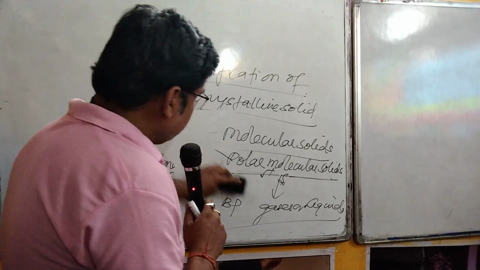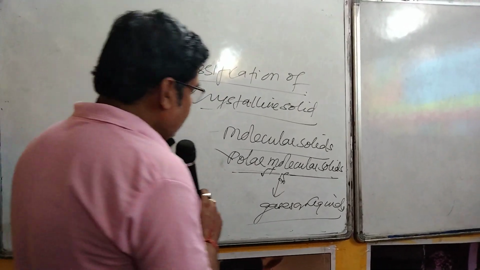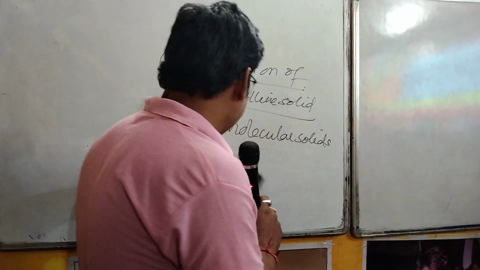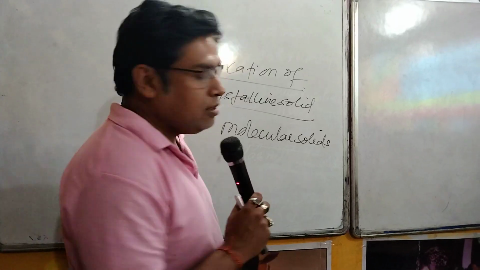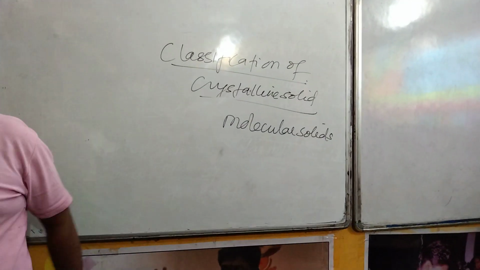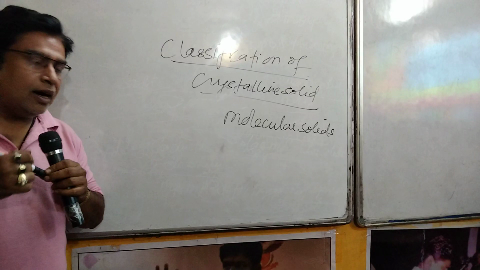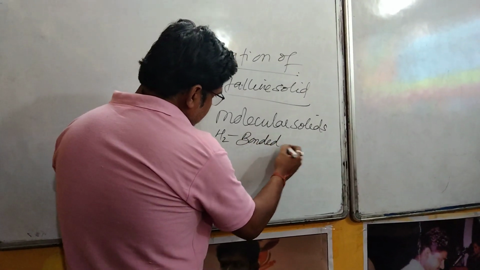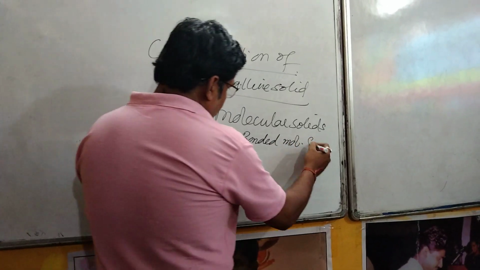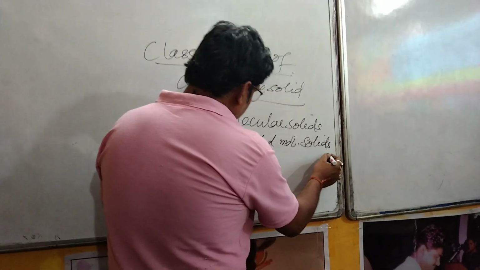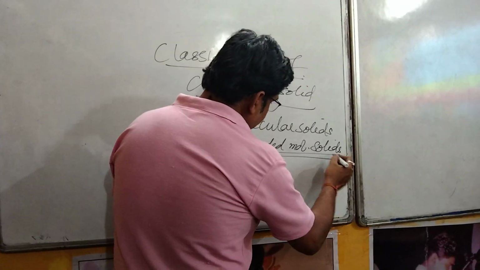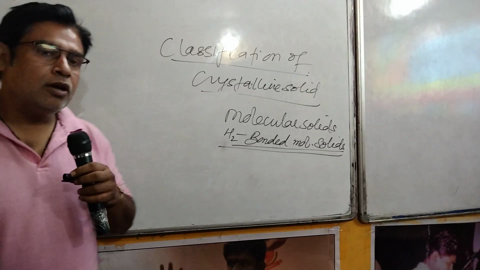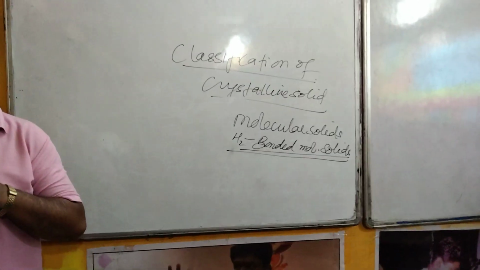We will see the third type of molecular solid, and that is known as hydrogen bonded molecular solids.